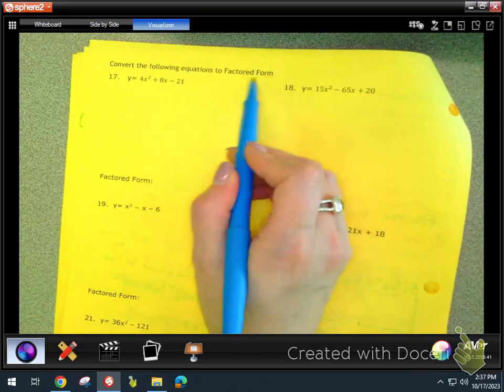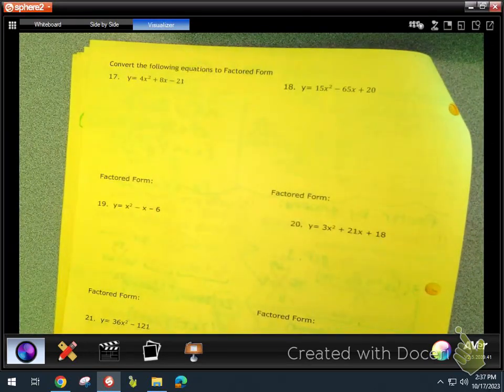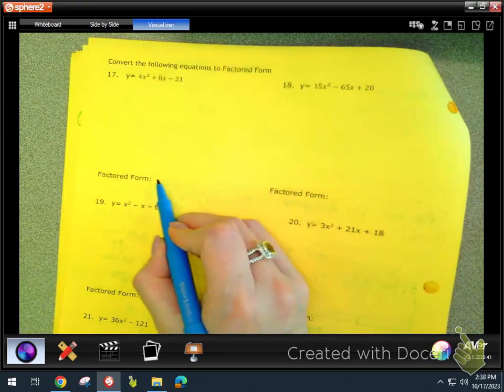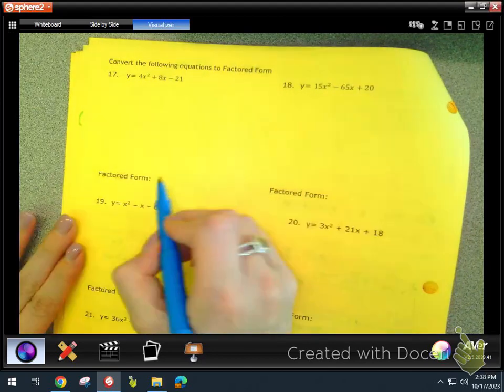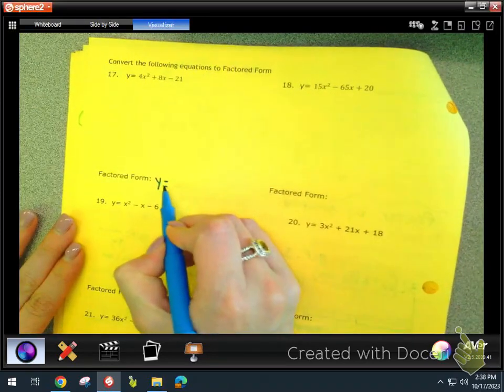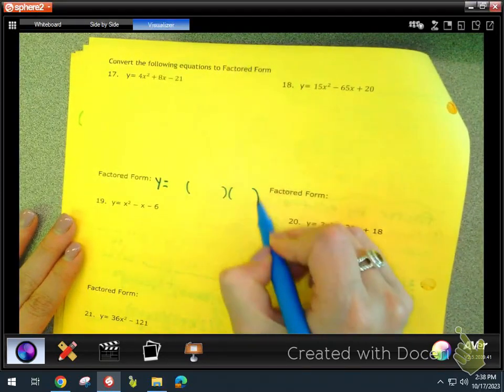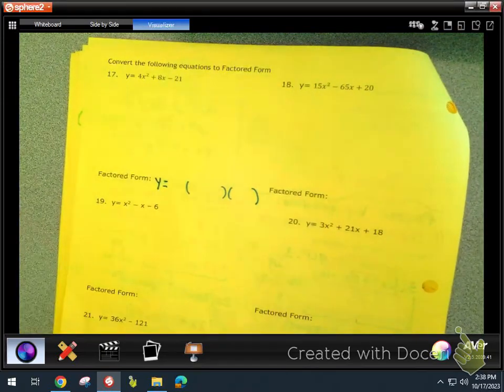So to convert to factored form, we've been doing it. You just factor. You're going to actually have an equation now. So instead of just writing your side-by-side factors, you're going to be writing y equals your side-by-side factors. Do you see the difference? That's what we're getting to. So your homework is going to be that way as well.